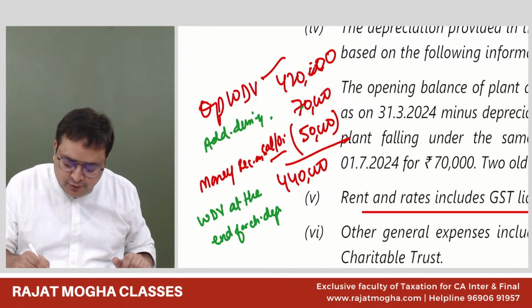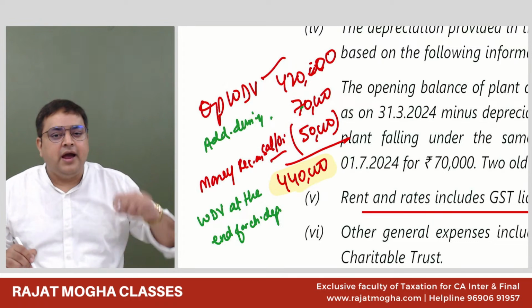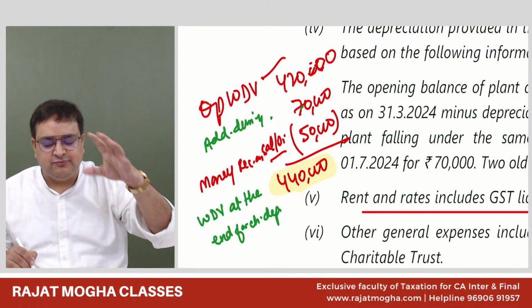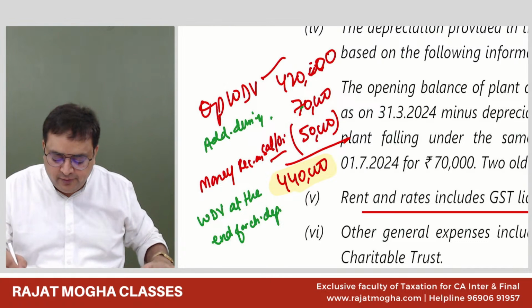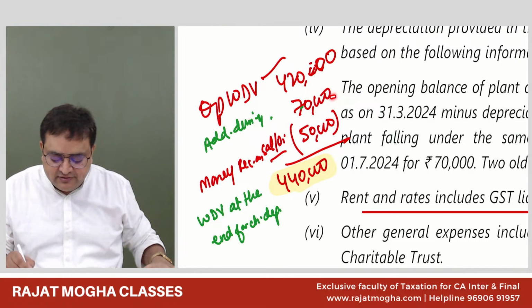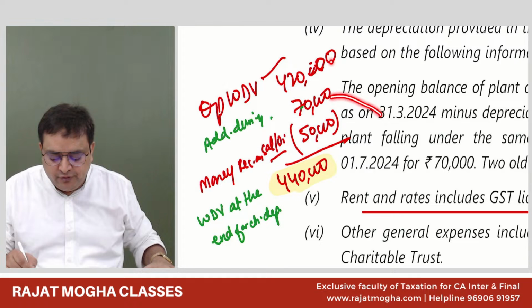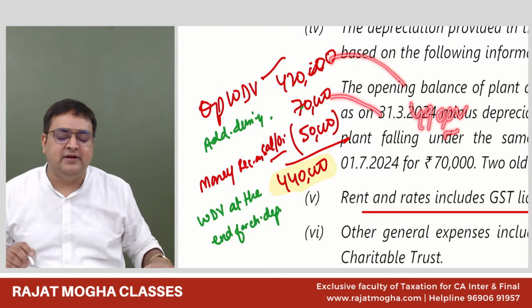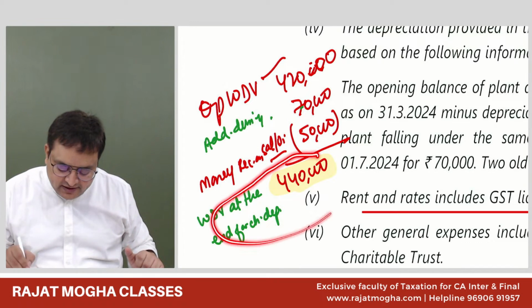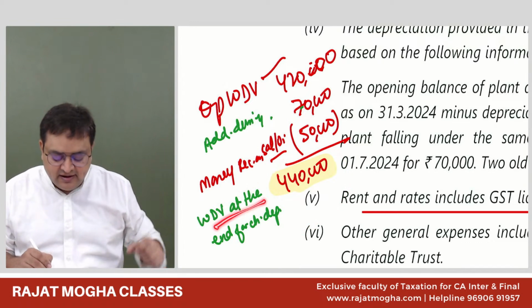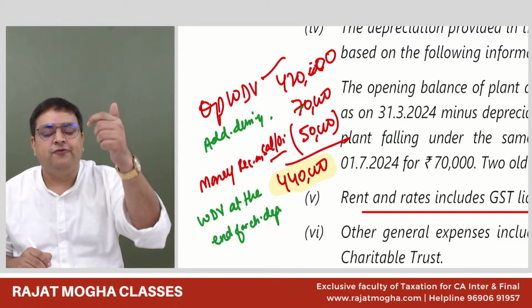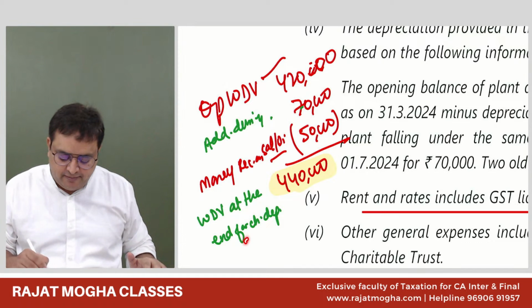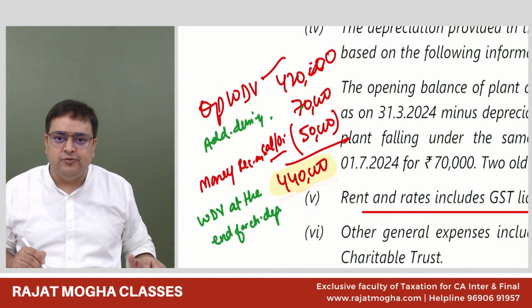You have to compute depreciation on this. I don't know why when I check test papers, most of the students compute depreciation on 70,000 also. And they compute on 420 also, on 490 they compute depreciation. I don't know why. Guys, the name itself says WDV at the end for charging depreciation. So you have to compute depreciation only on this amount, 440.